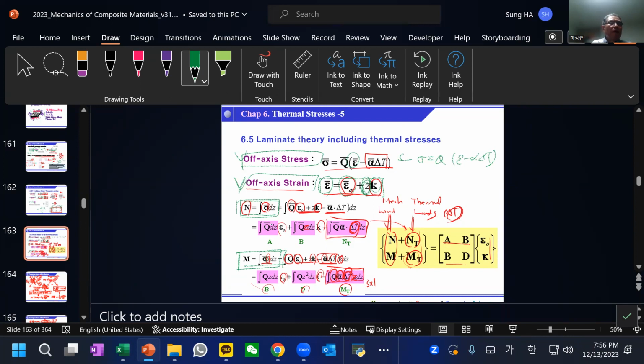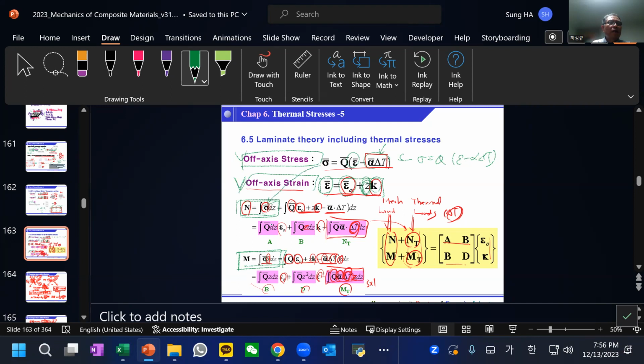And now we have a new term due to a delta T. You can see that this is the only difference. Okay, and then we follow the same procedures, the sigma bar. Now sigma bar is this guy, so this will go in there.